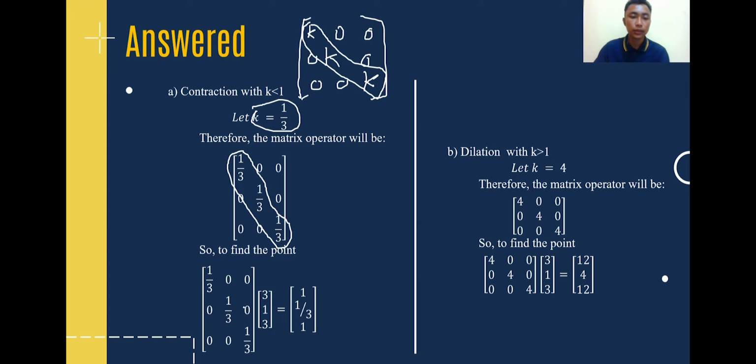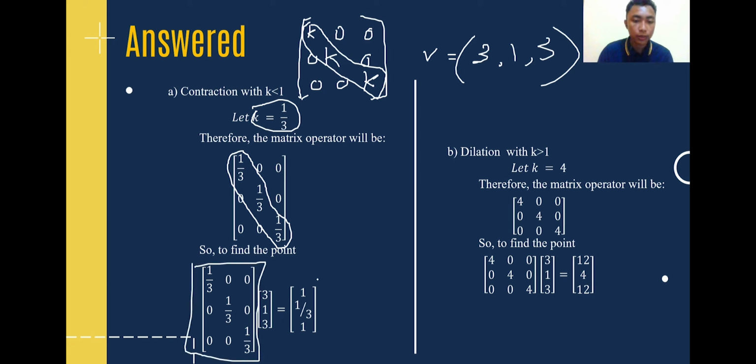And next we just need to do the multiplication with the coordinate. For example, if v is 3, 1, 3, this is the coordinate, and we just need to multiply this with this matrix. So the result is 1, 1/3, and 1.